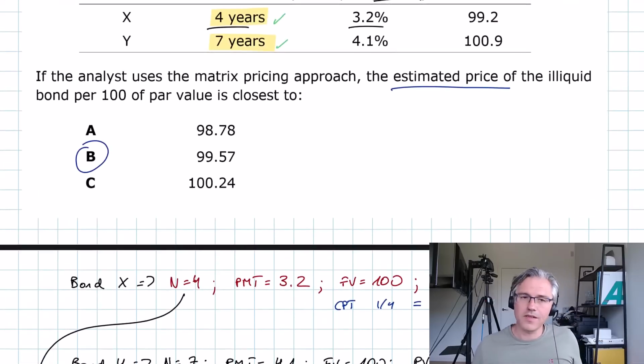So, this is a pretty simple approach. When I looked at the questions in the curriculum, they either asked you to do this, or they already gave you the yield to maturities, and then you had to do the interpolation.